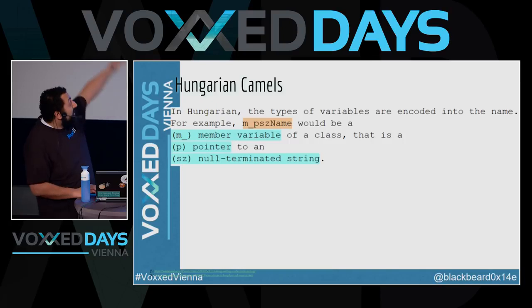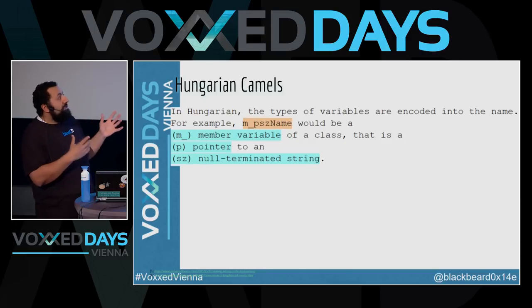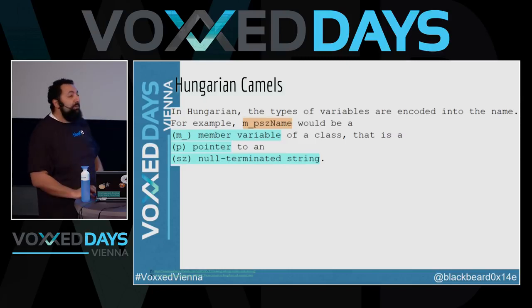The one in orange is Hungarian notation. The m underscore signifies it's a member of a class. Then the p means it's a pointer, and sz means it's a null terminated string, and then you get the name.